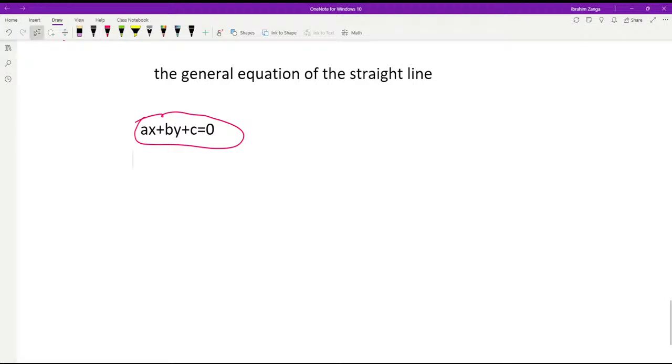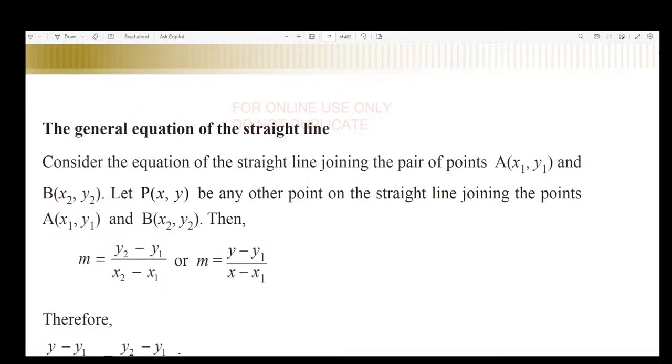So for you to be able to understand the basics of this one, we refer to the book we are using, the Form Mathematics book. From our book, you can see this content here, the general equation of a straight line.